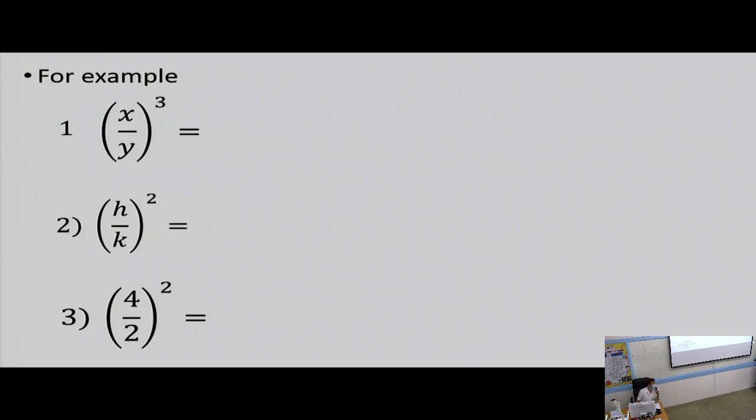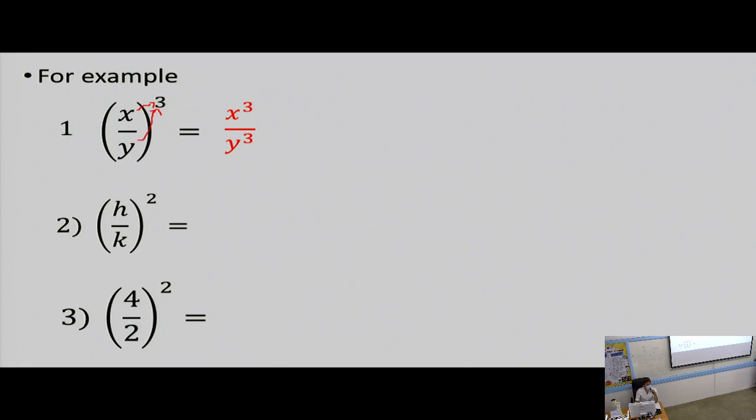Very good. That would be x over y to the power of 3 is x to the power of 3 over y to the power of 3. Again, you are going to distribute the power to the numerator and the denominator.